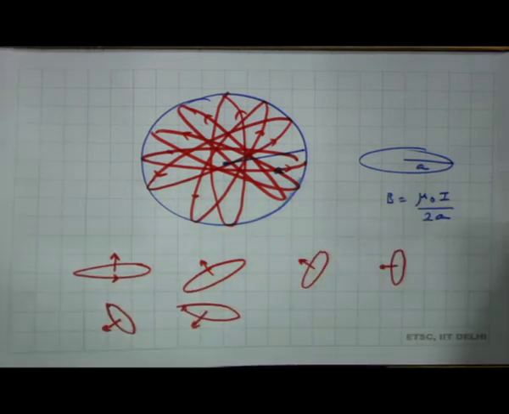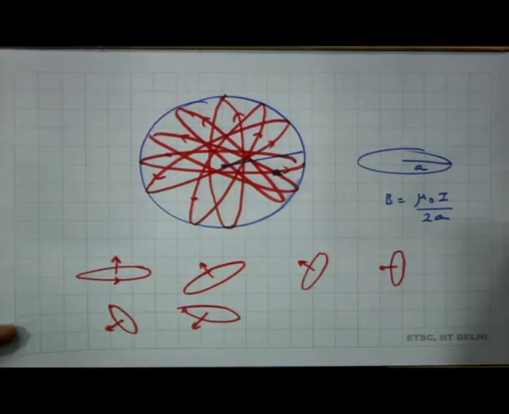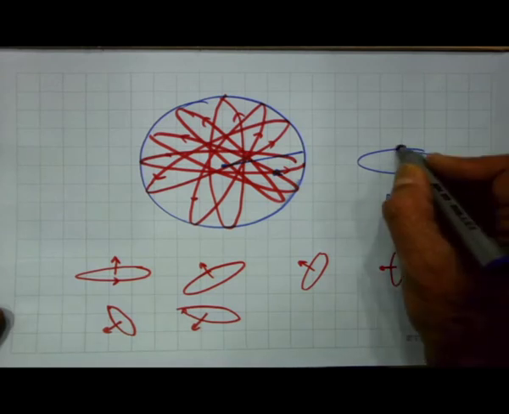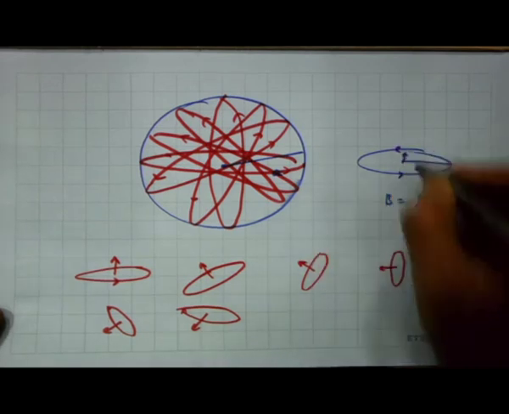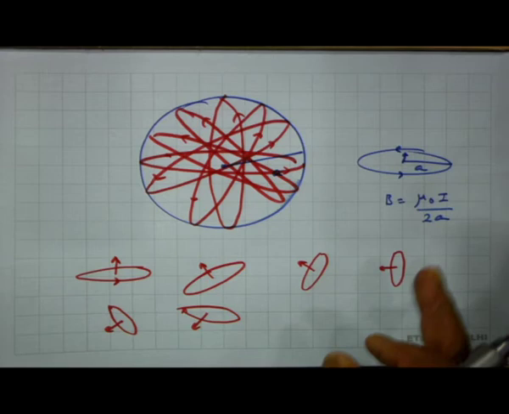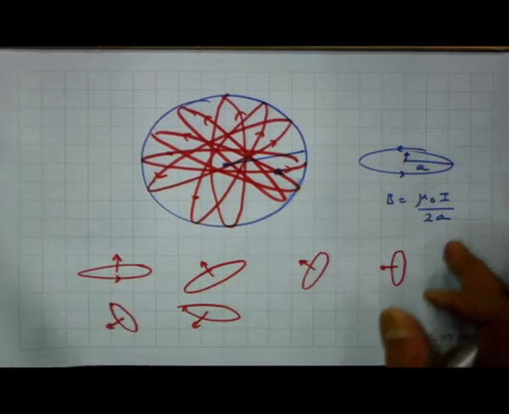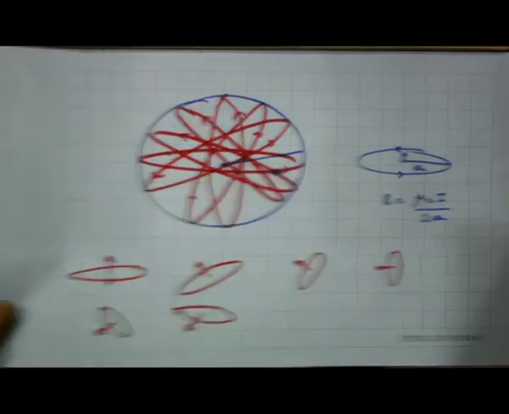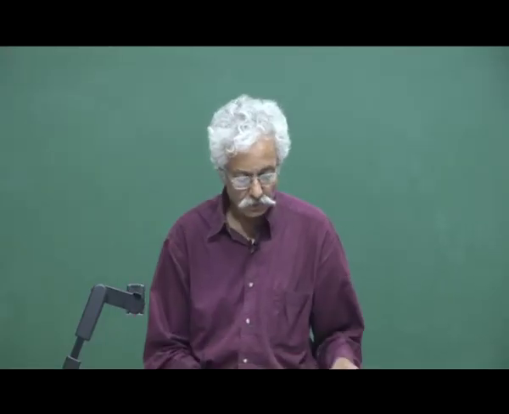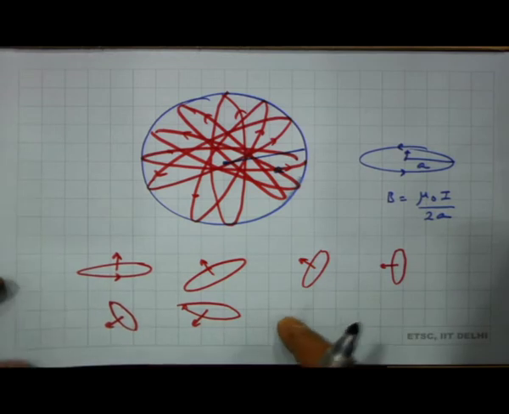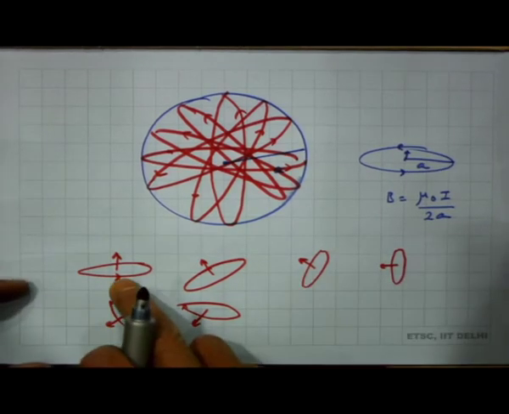We just now calculated in the earlier problem that a circular loop of current produces a magnetic field pointing perpendicular to the plane of the loop, with magnitude mu naught I by 2a at the center. So, each of these loops produces a magnetic field of magnitude mu naught I by 2a at different orientations.